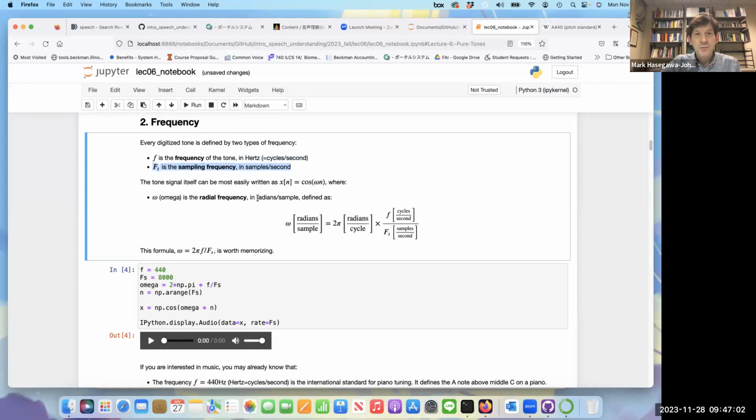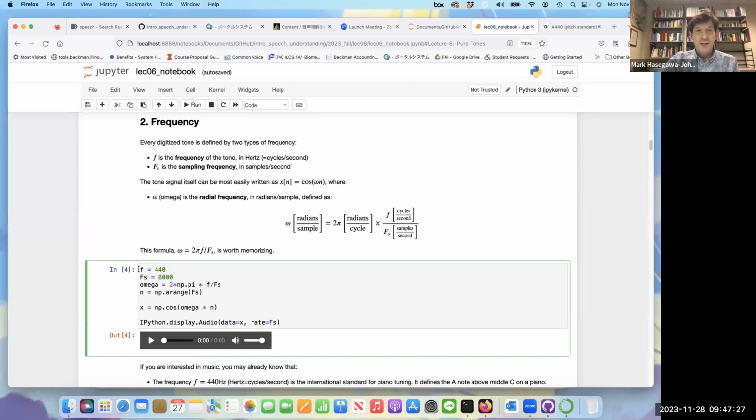So the tone itself can most easily be written as x equals cosine of omega n, where omega has to be measured in the number of radians per sample, and then n is the sample index. So omega is in radians per sample. That's equal to 2 pi radians per cycle times f, which is in cycles per second, over fs, which is in samples per second.